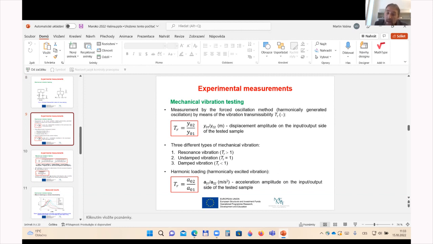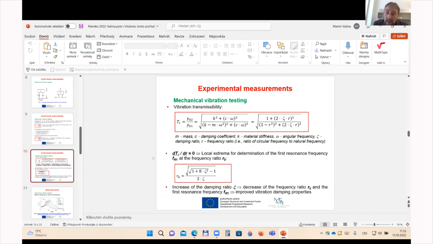sample. For this reason, in general, we can have three different types of mechanical vibration: resonance, undamped, and damped vibrations. Because we have a harmonically excited vibration, we can express the vibration transmissibility by the acceleration ratio too.